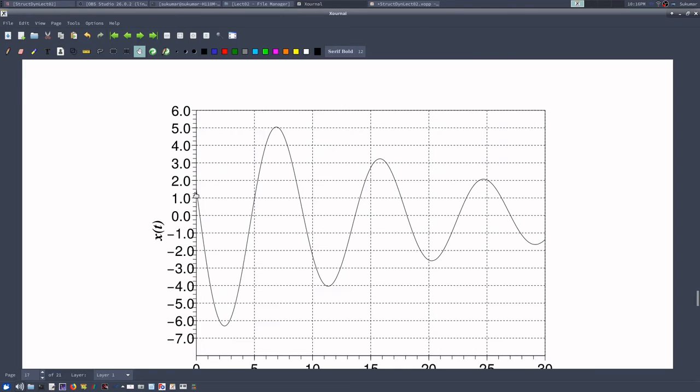It has a certain initial displacement, and then gradually the amplitude decreases with time. Okay, so if you join these points, you will get an exponential curve. If I join these points, I'll get an exponential envelope, something like this. Okay, an exponentially decaying envelope, which is not shown here, of course. All right.